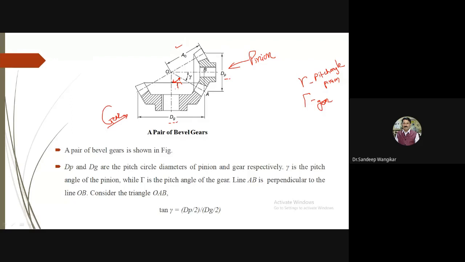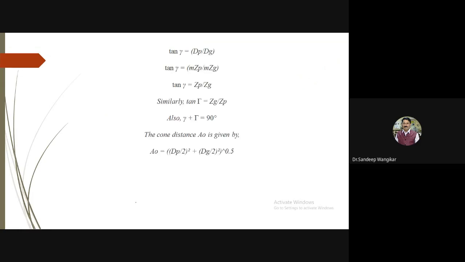From the diagram, tan of gamma is dP by 2 divided by dG by 2. The 2 gets cancelled, so I can write tan of gamma is equal to dP by dG.